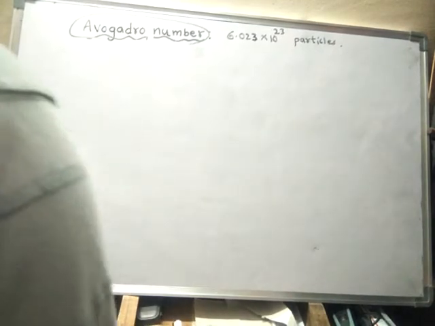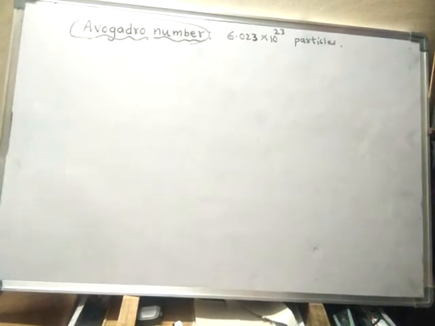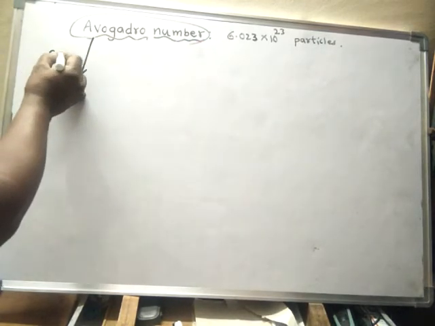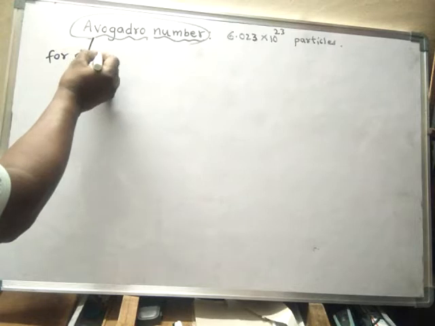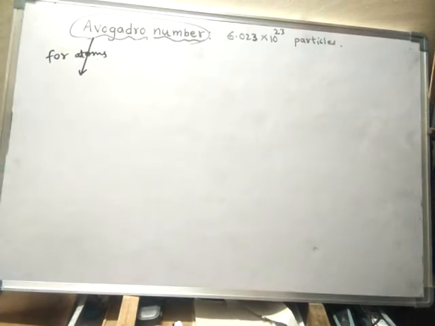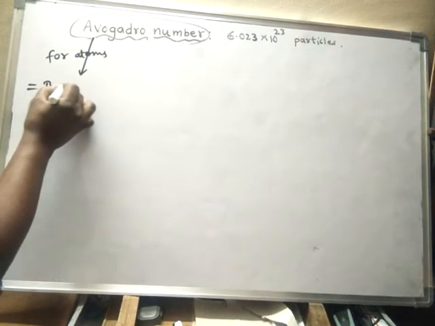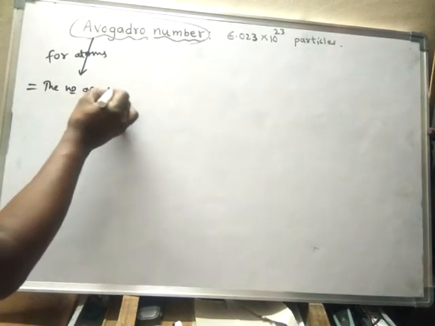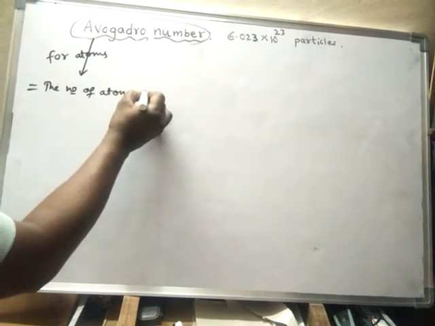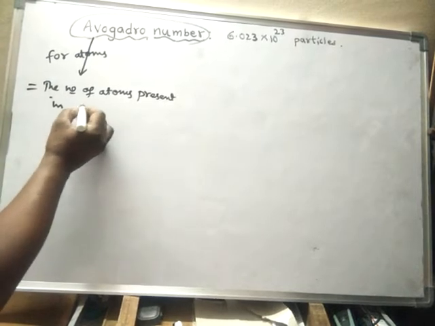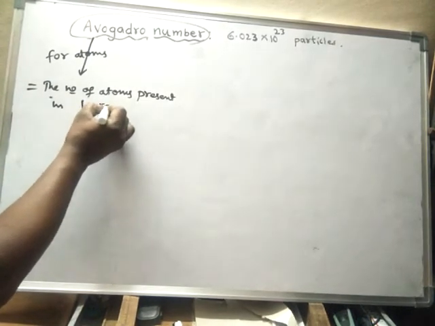Now we'll use this concept. For atoms, the number of atoms present in Avogadro number is equal to the number of atoms present in 1 gram atom.